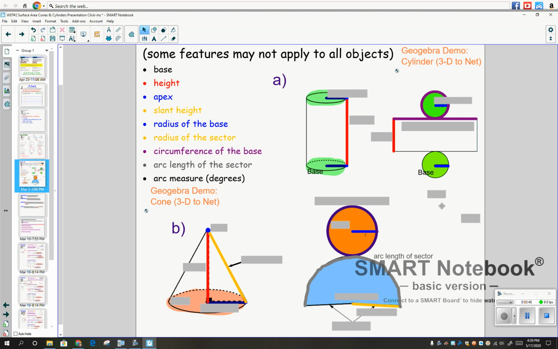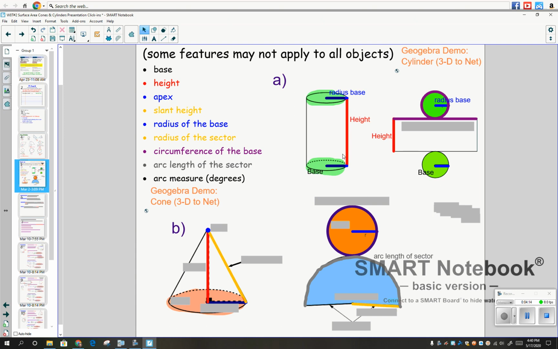What's highlighted in green are the bases. There are two bases in a cylinder, two circular bases. And each of those bases has a radius, because we're going to need to know that in order to find the area of our base. The red line that joins the two is referred to as my height. The height is the distance between the two parallel circular bases.